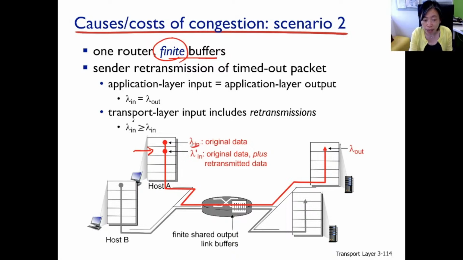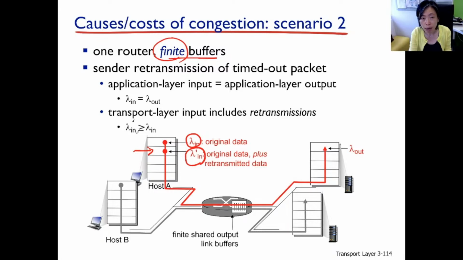So if lambda in is what the application layer process is generating, the data to send out to the network, that lambda in prime denotes the amount of data the transport layer needs to send into the network in order to complete the job. Okay?